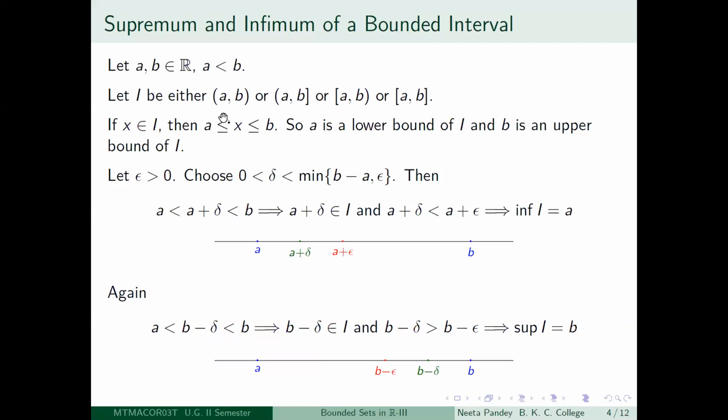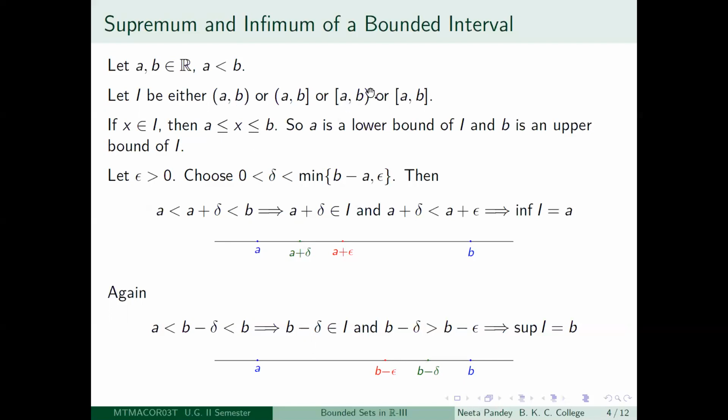See, in the first case, x is strictly greater than a and x is strictly less than b, but that is included in this inequality. So the strict inequality is included in this inequality. Similarly, if you are here, then it would be a less than x less than or equal to b, so that is included in this inequality.